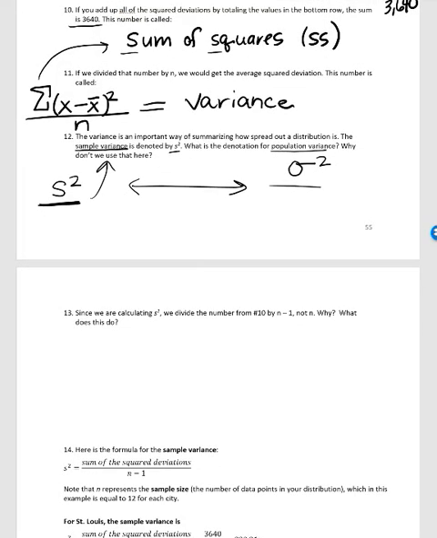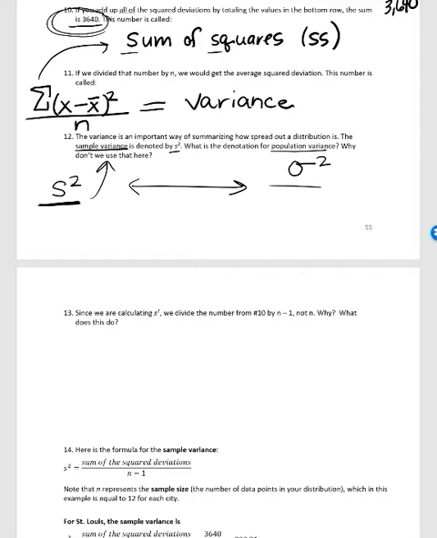Now, since we're calculating S squared, the sample variance, we're going to divide that 3,640 by n minus 1, not n. Why? What does this do? Now, this is a totally weird concept. I will fully admit that.